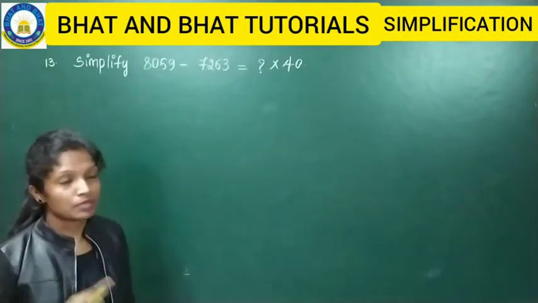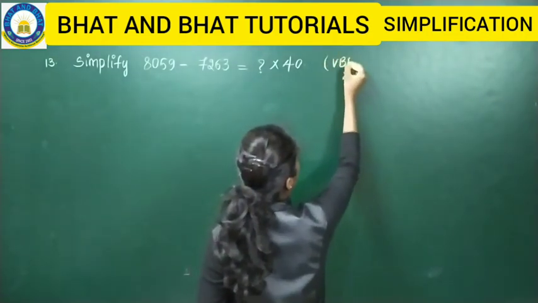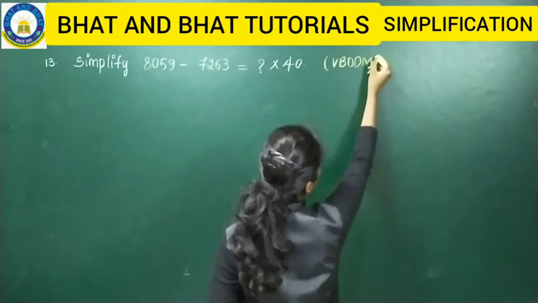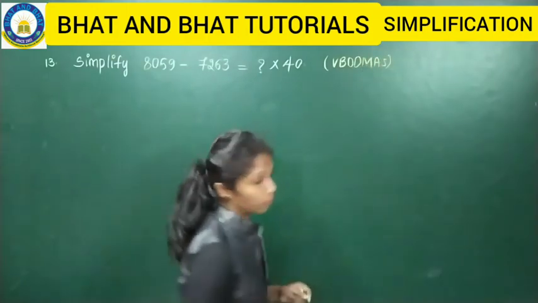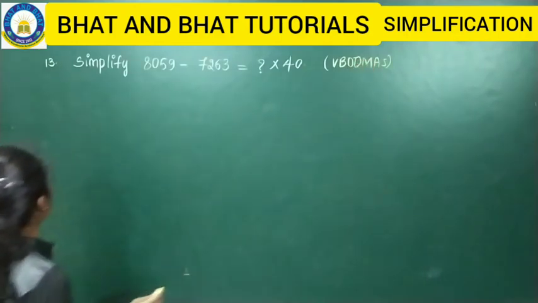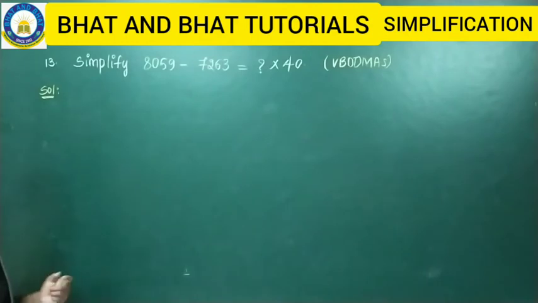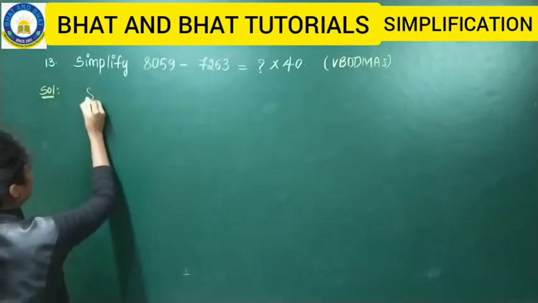Since this is the question, we have to solve according to which rule? According to the rule of BODMAS, we will be solving this problem. So we'll just move on to the solution now. In the solution part, we have to again rewrite the question.